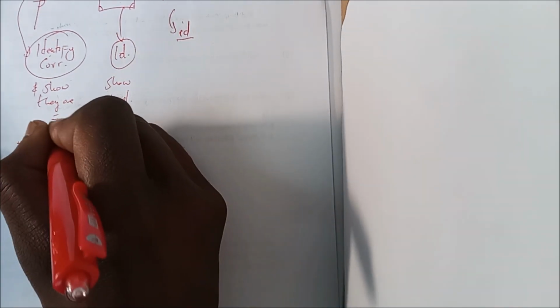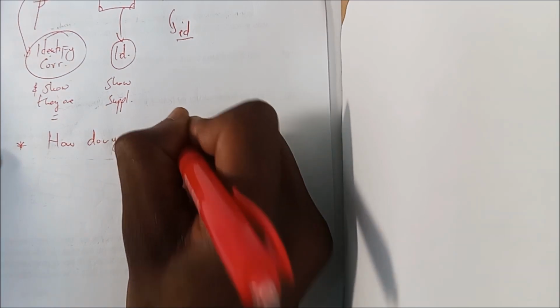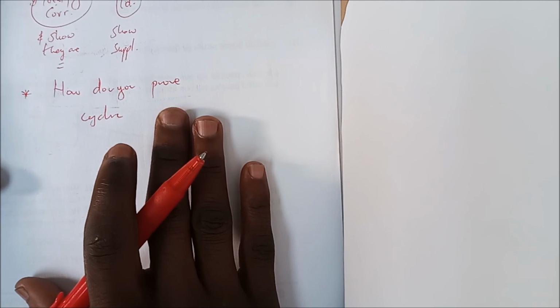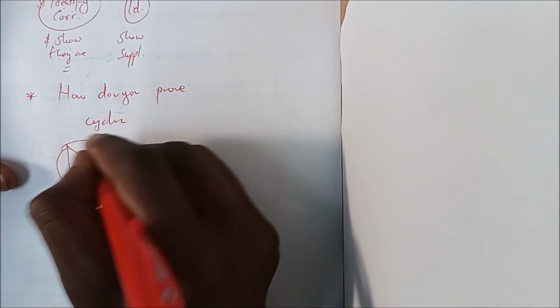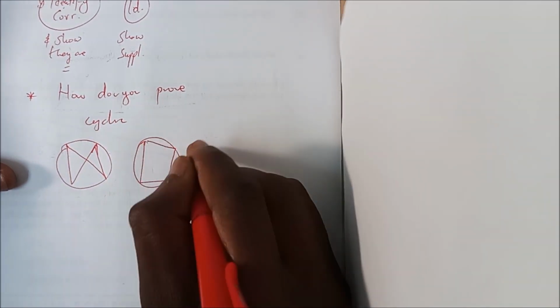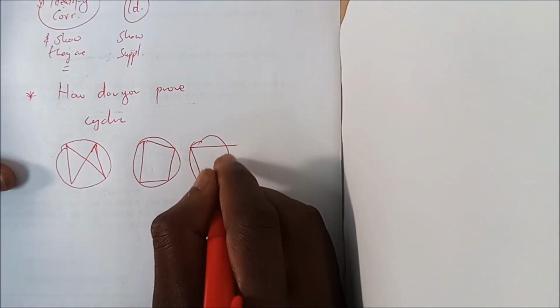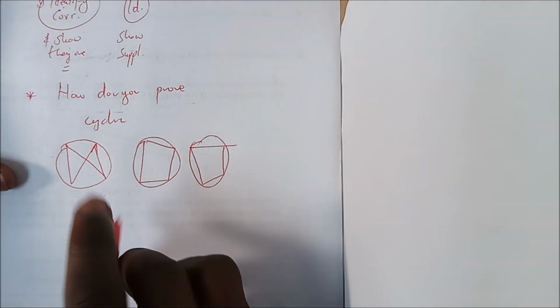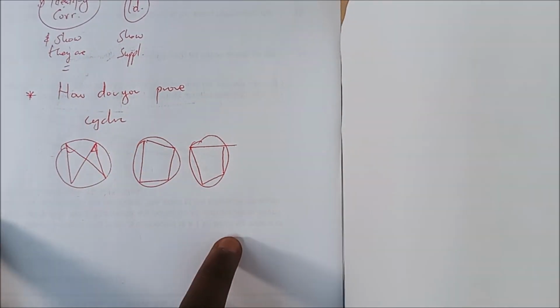Point number 2. How do you prove a cyclic quad? Remember what I said, with cyclic quad it's only on these three things. You need to prove that these two are equal. You identify them and then prove that they're equal.